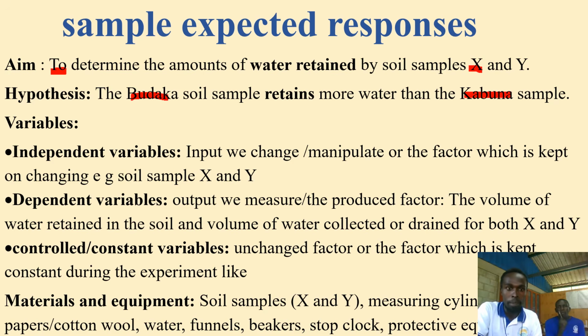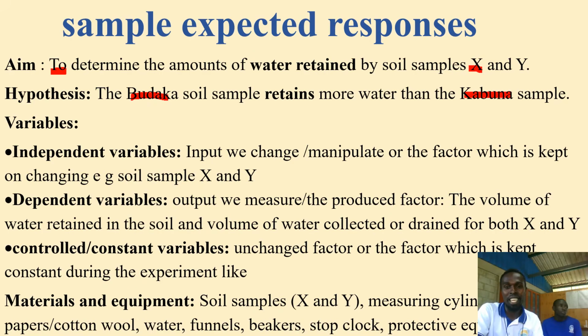So let me paraphrase it again. To determine the amount of water retained by soil samples X and Y. You are right. Another one may say, to determine the amount of water drained by soil samples X and Y. You are also okay.